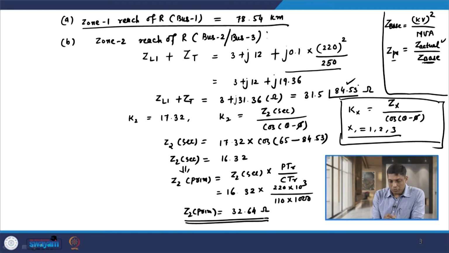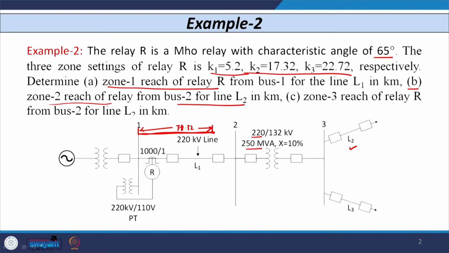Now, see, we need to find out the zone 2 reach of relay R from bus 2 or bus 3. The second zone of relay R starts from here, but after some time delay we need to find out for line L2, from this bus up to how much kilometer this reach will extend.